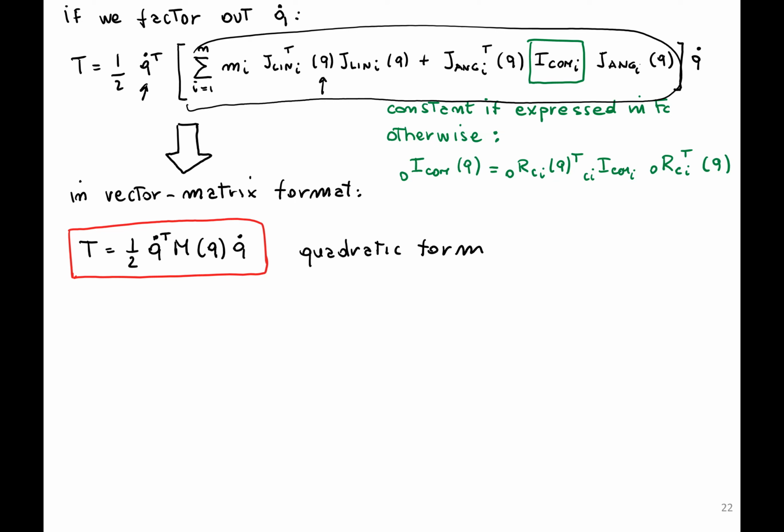What we can underline is what we said before, that we can express I_COM in a frame that is again attached to the COM but aligned with the base frame.